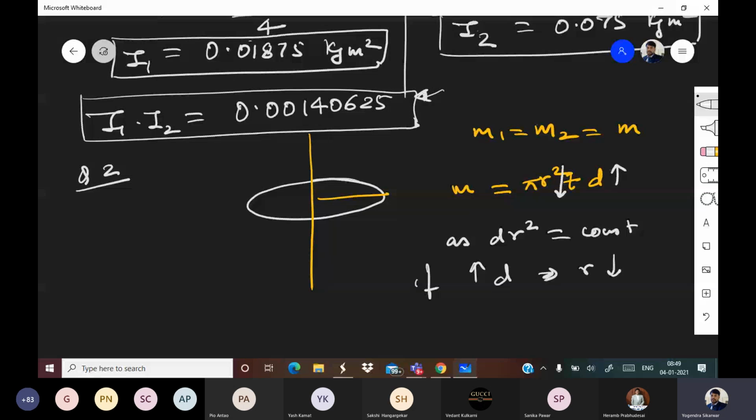Now you can use this to find the relation between I1 and I2, or IA and IB. IA will be MA into RA square upon 2, because for a disc, moment of inertia about an axis passing through the center and perpendicular to the plane is mr square by 2.